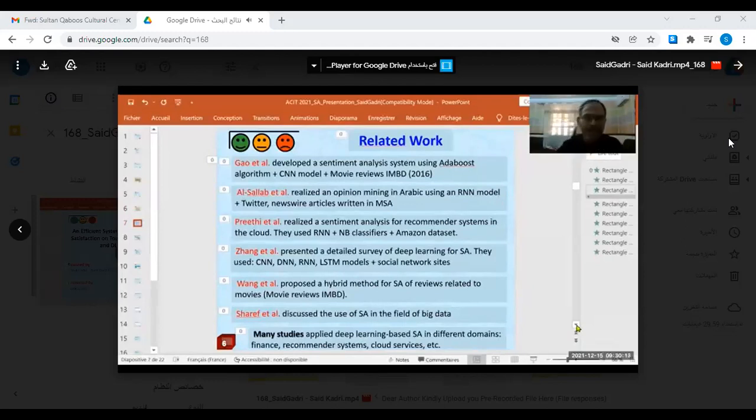We have also Zhang et al., who presented a survey of deep learning for SA, and they used CNN, DNN, RNN, and LSTM models on social network sites.